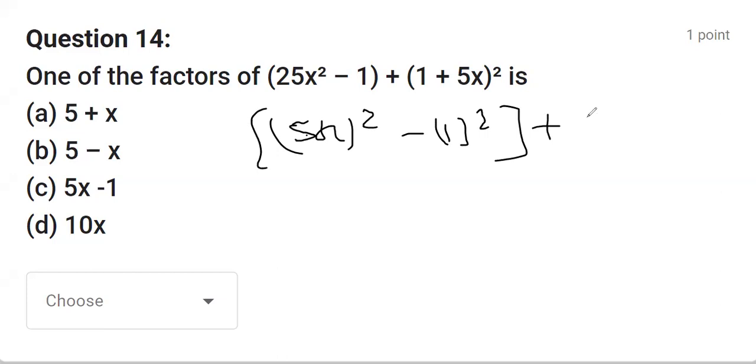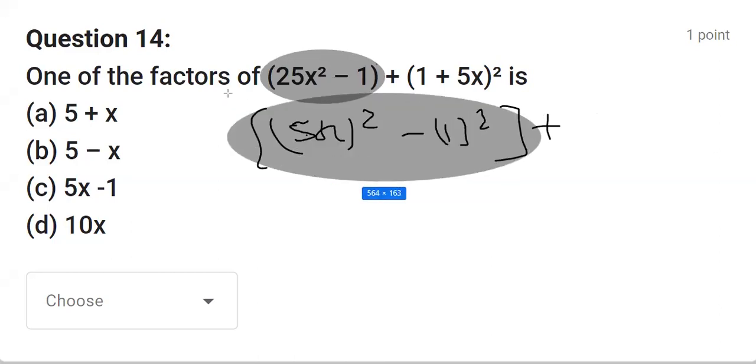Plus is copied here. I have factorized this, right? Replacing 25x square as 5x whole square and minus 1 as minus 1 square. And in the remaining part, I'm going to write this as 1 plus 5x the whole square.